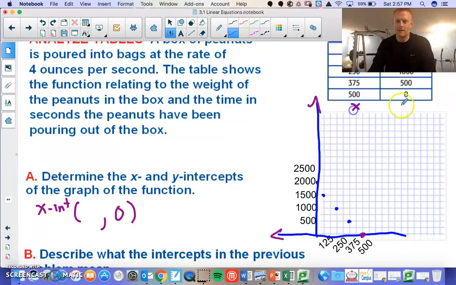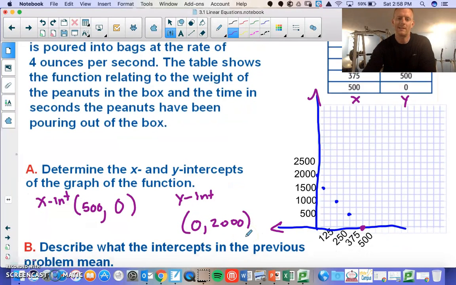So if this is x, this is y. When y was 0, our x was 500. So here we are at 500, comma 0 for our x-intercept. And then our y-intercept is happening where x is equal to 0, which happened up here at 2,000. So x is 0, and my y is 2,000.